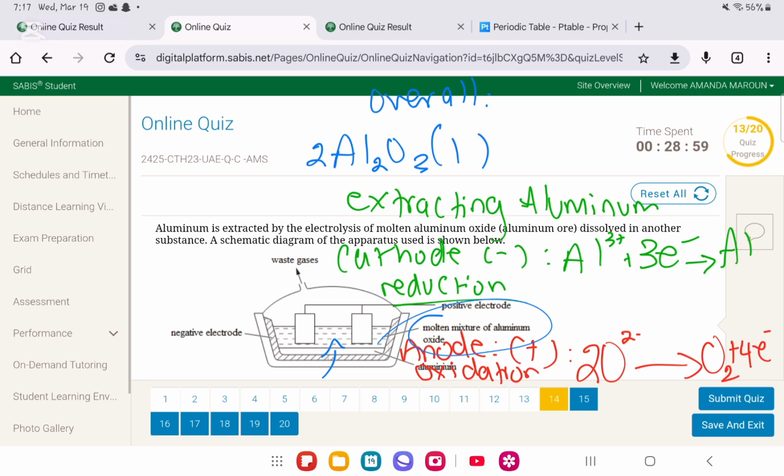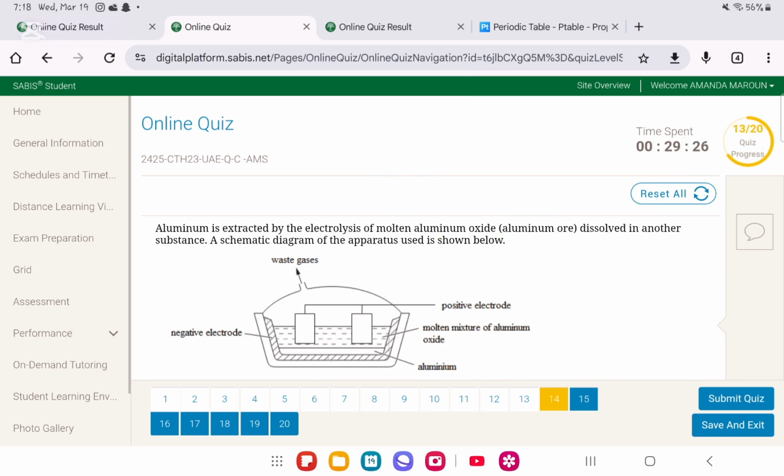It will give us 4 aluminium that is liquid in addition to 3 O2 that is a gas. So the overall equation is 2Al2O3 liquid giving pure liquid aluminium, 4Al liquid, in addition to 3O2 gas.